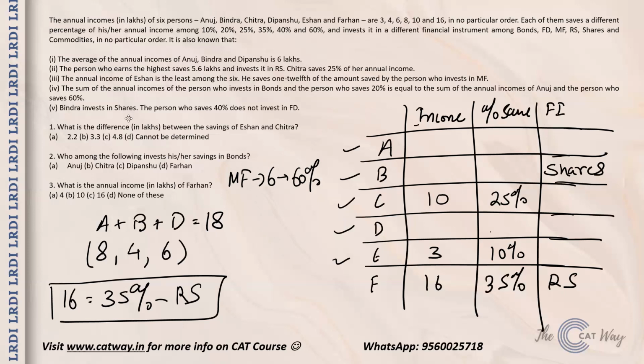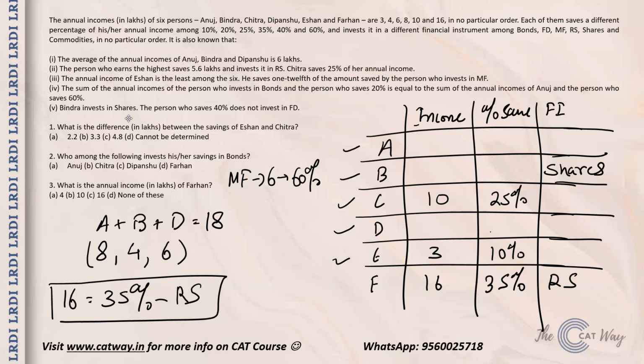Now what has been given to you, let us see. One thing is certain, that between B and A, one person is investing in mutual funds. We do not know anything about that person, but what we know is that the sum of the annual income of the person who invests in bonds and the person who saves 20% is equal to the sum of the annual income of Anuj and the person who saves 60%.